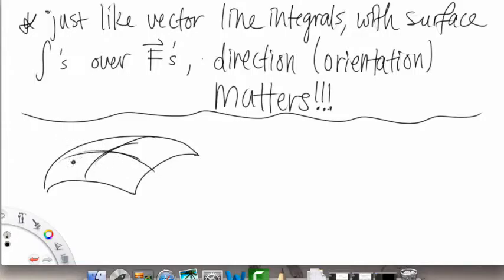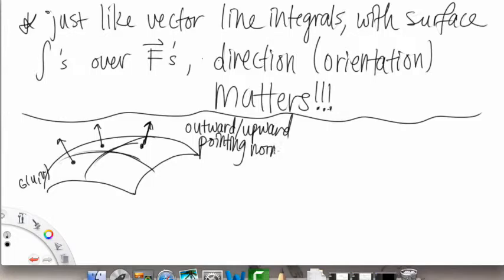Here are examples of normal vectors to the surface, perpendicular to the tangent plane at each point. This is our g of u v, our parameterization for the surface, and these normal vectors would be the outward slash upward pointing normal.